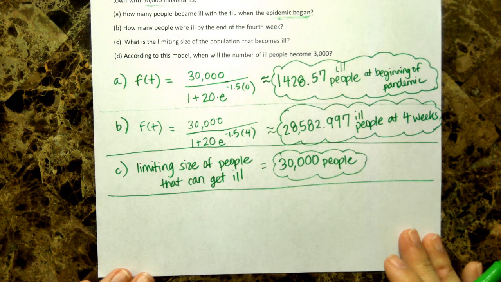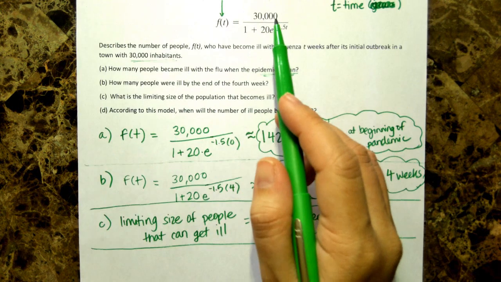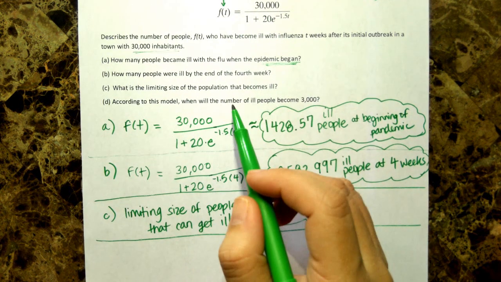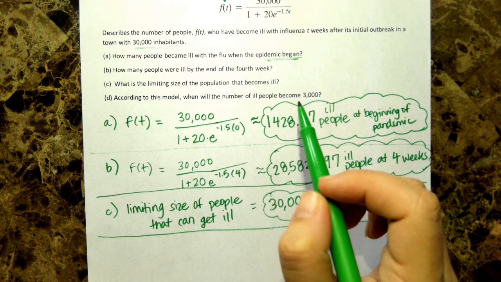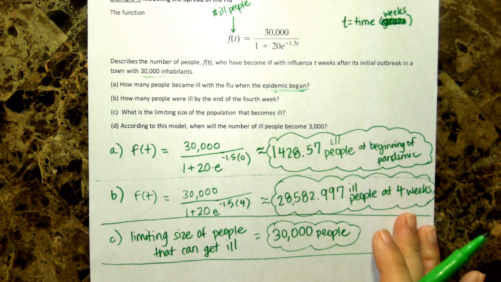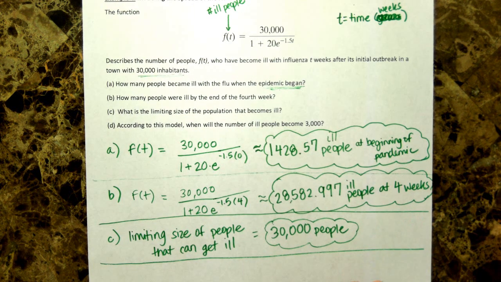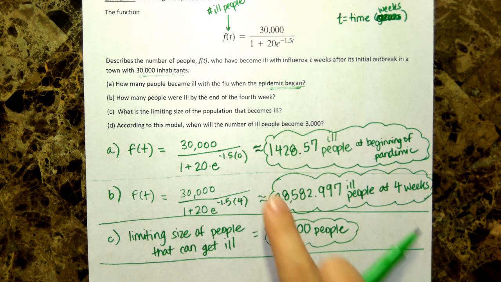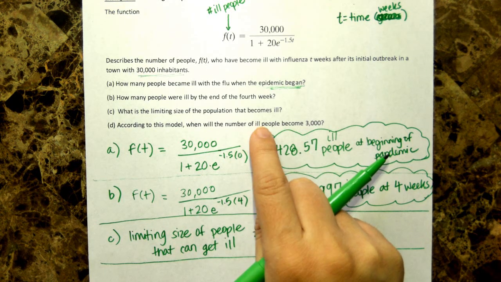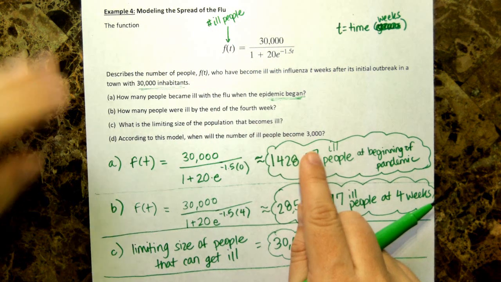And then last, part D. According to this same model, when will the number of ill people become 3,000? In this case, you're not trying to figure out the ending amount. It says, when will the number of ill people, which is f of t, be 3,000?